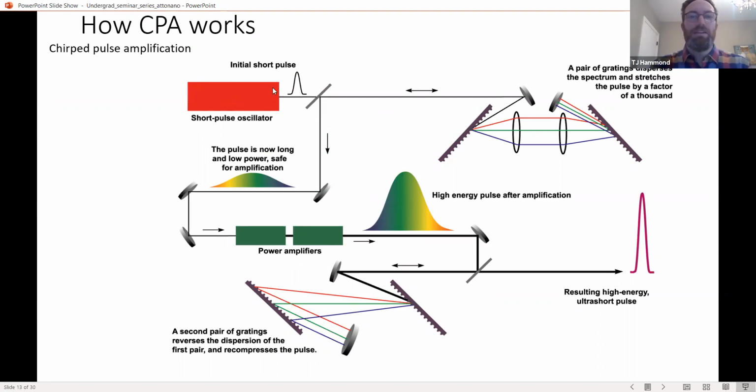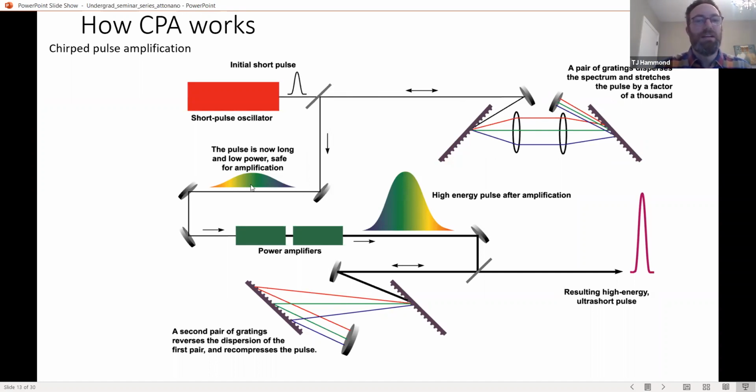So you take this pulse and put it through a grating pair. If the pulse is already coming out of the laser compressed, then passing it through a series of gratings actually stretches it out. They set these gratings up in a special way so that the pulse is stretched out by a lot, by something like 10,000 times or 1,000,000 times. And what that allows for is the peak intensity ends up being much, much lower.